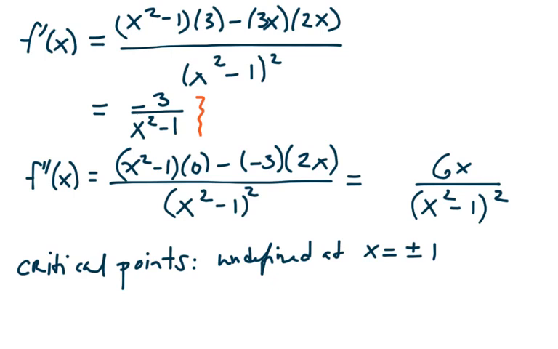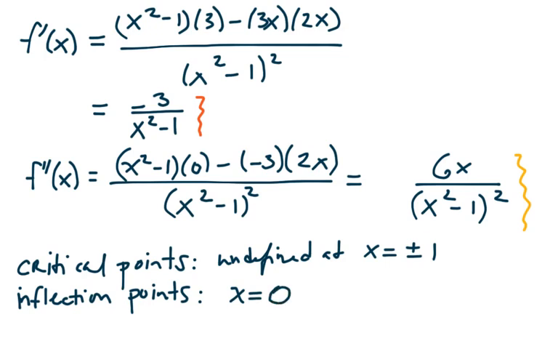Okay. Inflection points are where the second derivative is 0 or undefined. So the second derivative is 0 at 0. Okay, so here's our second derivative. That's going to equal 0 when x is 0. So there's an inflection point at 0.